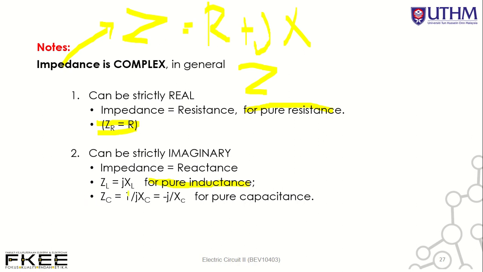And ZC equal to 1 over j XC equal to minus j XC for pure capacitors. So your ZC equal to 1 over j omega C.